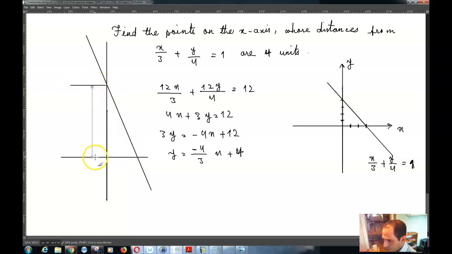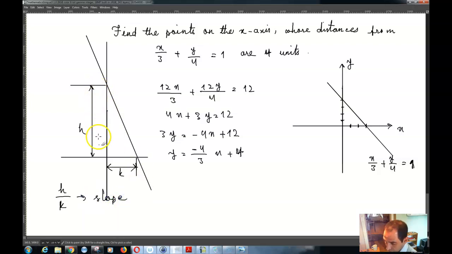If I call this h and this k, then h over k is the slope of the line.